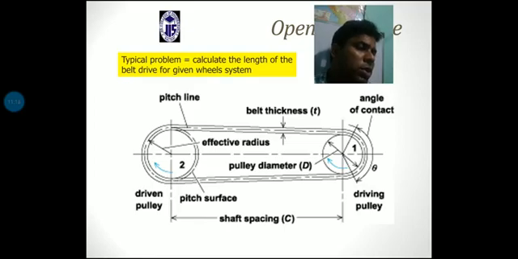But obviously, the pulley's distance should be maintained with proper boundings. And third one, the belt material should be able to withstand abrasion and also wear, especially with high speed operation.